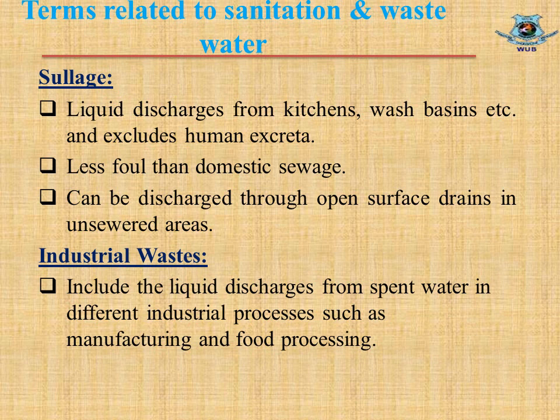These are less foul than domestic sewage and can be discharged through open surface drains in unsewered areas. Now industrial wastes include the liquid discharges from spent water in different industrial processes such as manufacturing and food processing. Here, as said above, all liquid wastes generated from an industry may be grouped in this category.